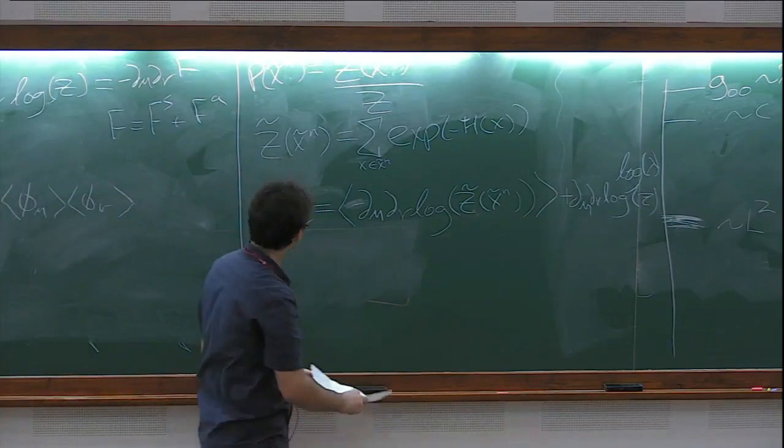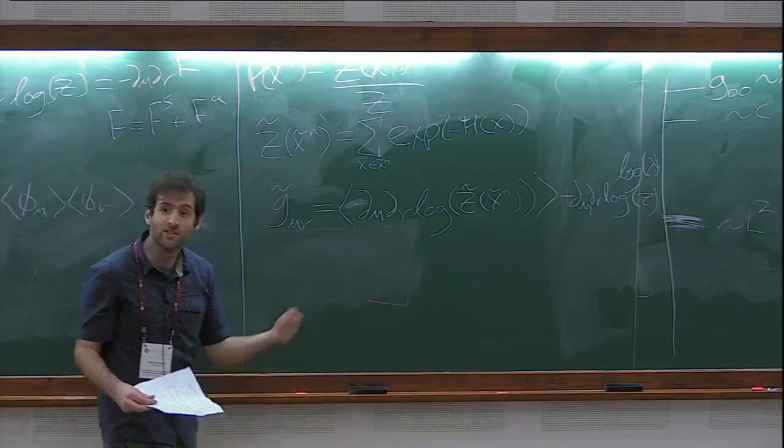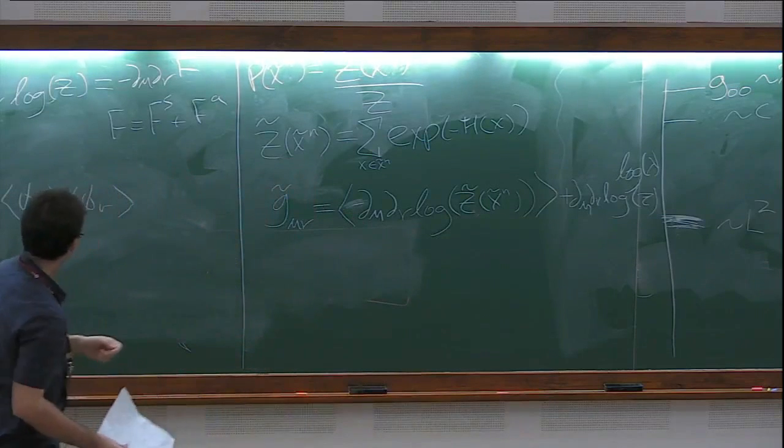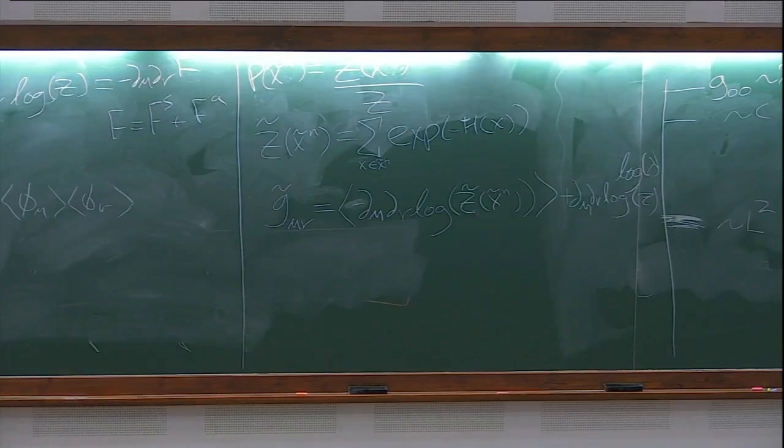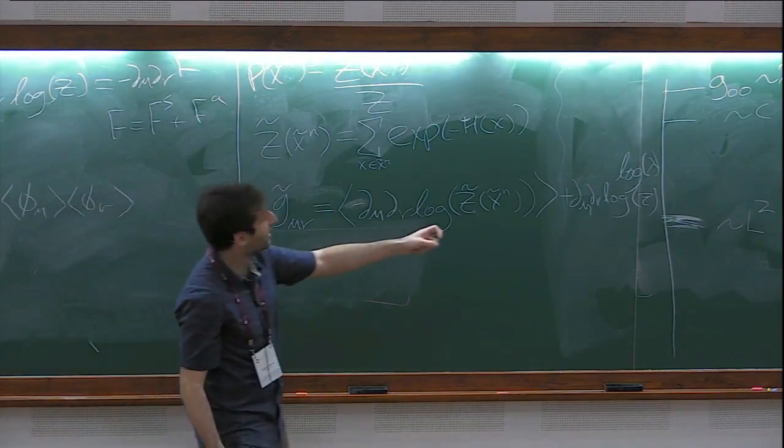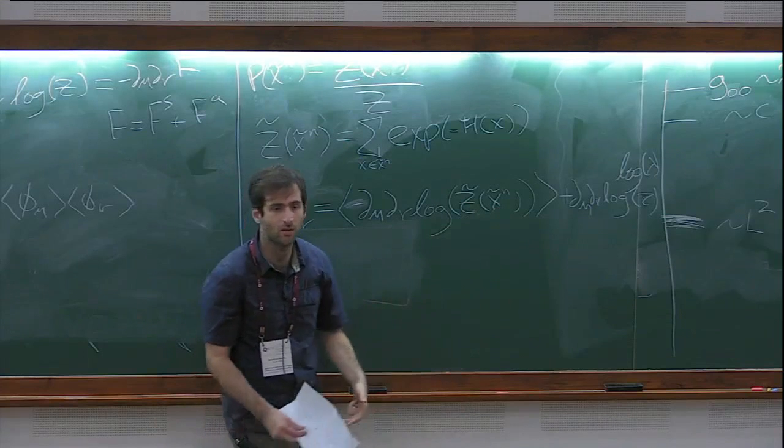So I just want to define one more expectation value of a microscopic observable, so an observable that lives on the microscopic lattice, but constrained to configurations which correspond to this particular x tilde of n.